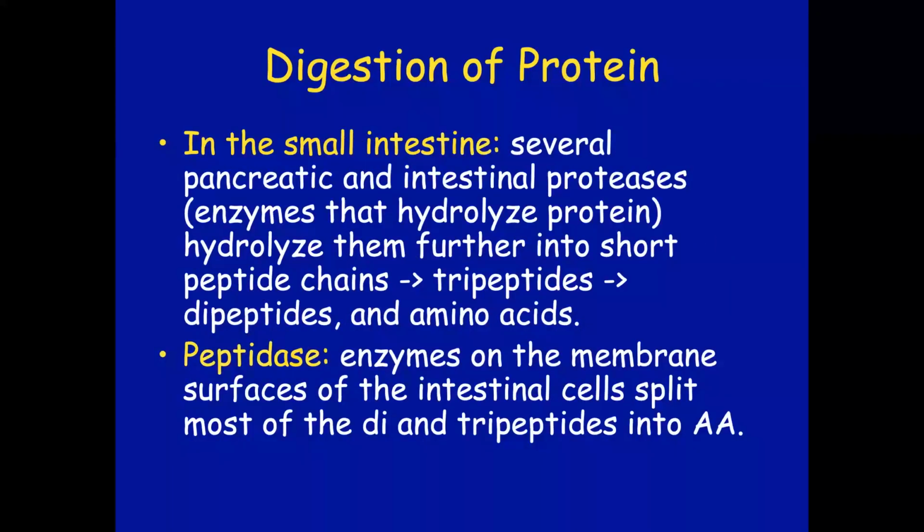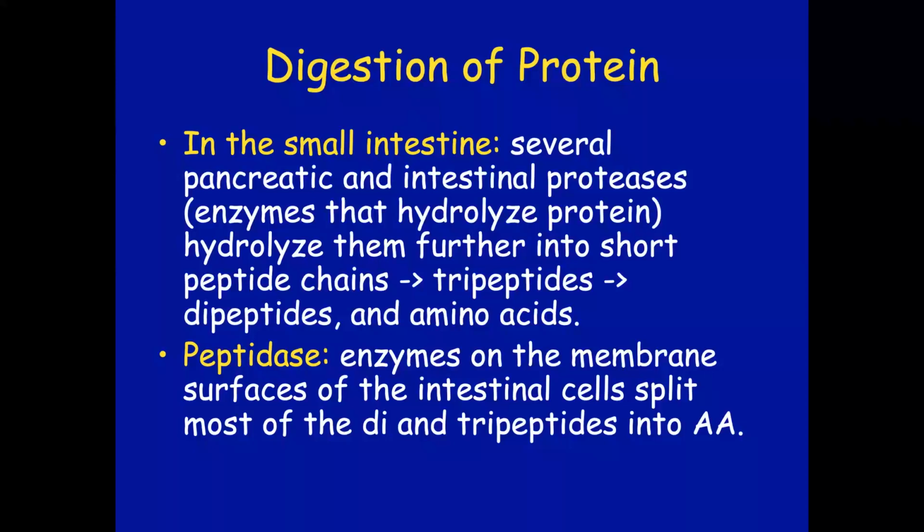Once you're in the small intestine, you'll remember that the pancreas is kind of that hotbed of enzymatic release. So those pancreatic peptidases and proteinases, as well as proteases that the intestines actually produce and secrete themselves, will break them down, hydrolyze them even further into short peptide chains, into tripeptides, into dipeptides, and then down to the level of amino acids.